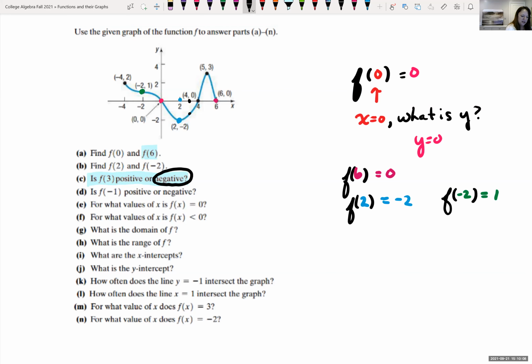Same sort of question, except now we're looking at negative 1. Is f of negative 1 positive or negative? Going to the graph at x equals negative 1, this is falling above the x-axis, and so this is a positive value.